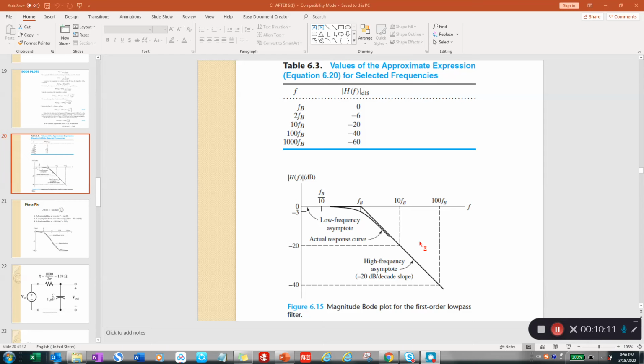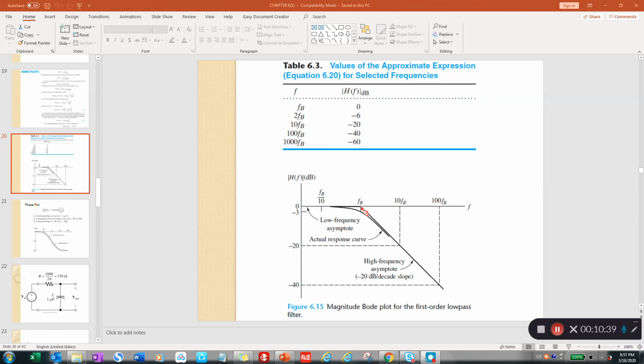Then we are going to define the break frequency. Break frequency equals 1 over 2 pi RC. If you are given a circuit or a filter, you can figure out the break frequency. Then put the break frequency in the middle of your frequency axis.